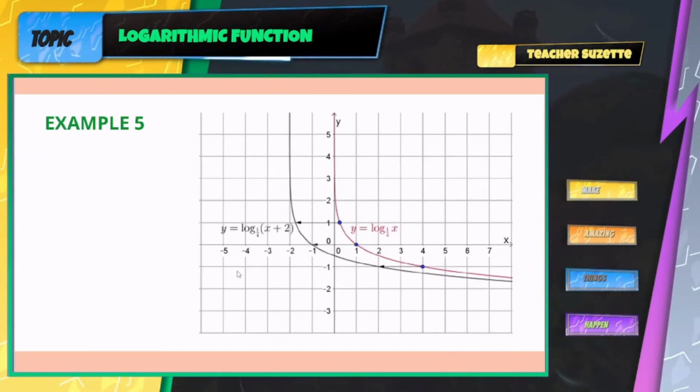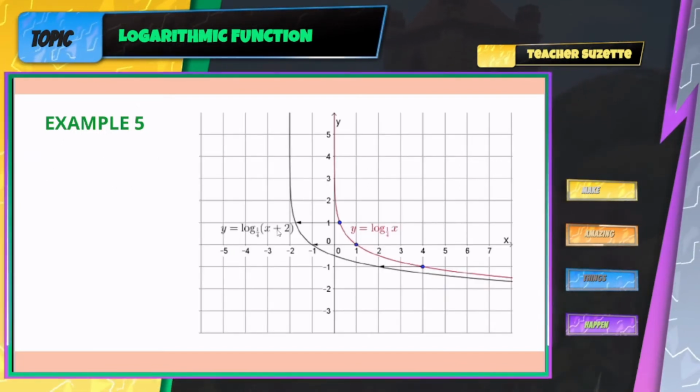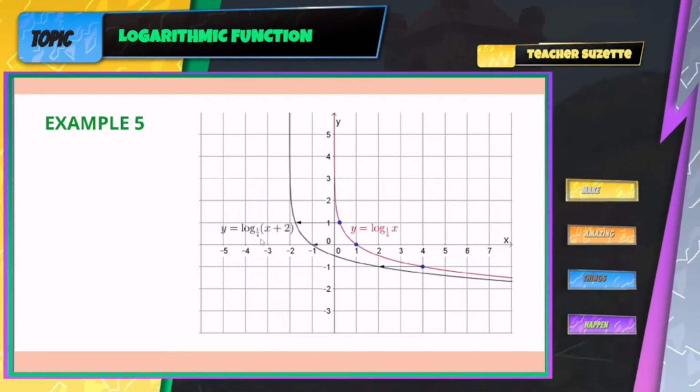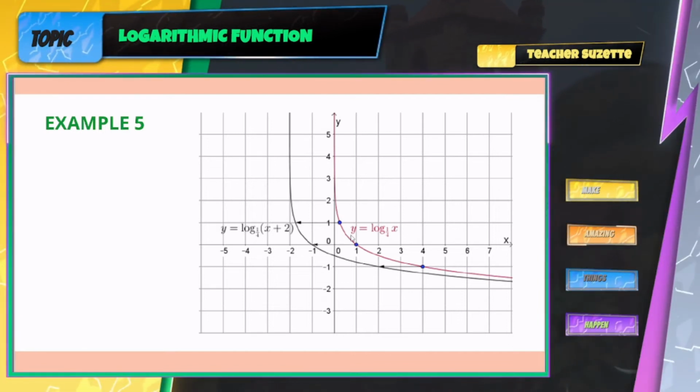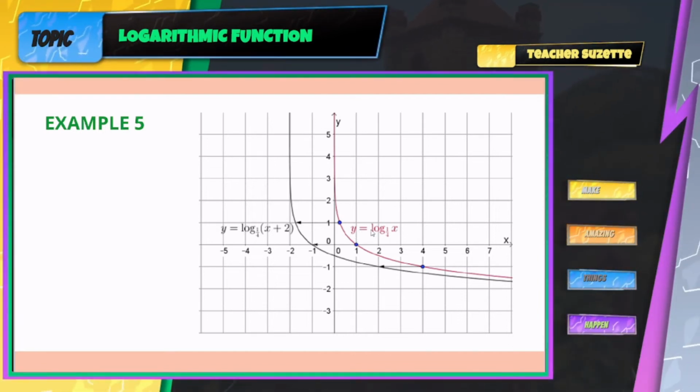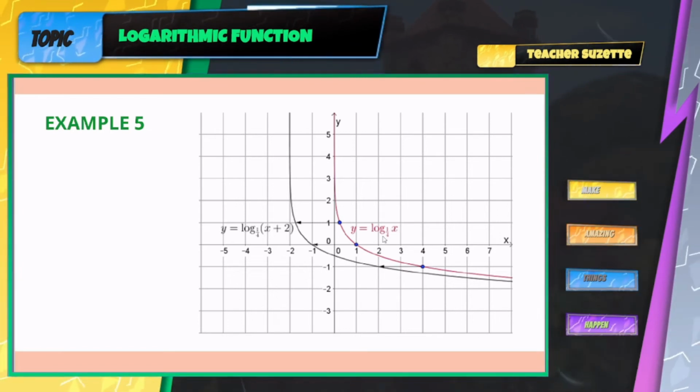So, ito nga po yung ating graph for the logarithm of x plus 2 base 1/4 with respect to our basic function y is equal to the logarithm of x base 1/4.